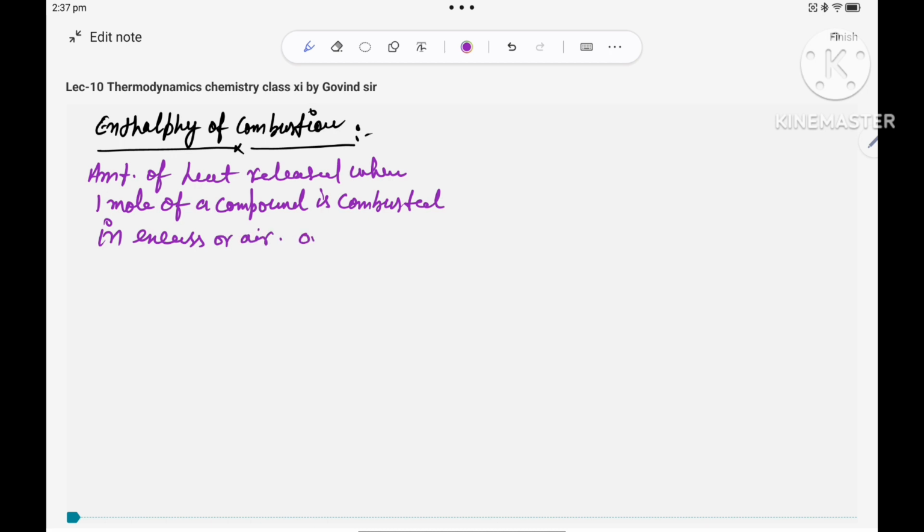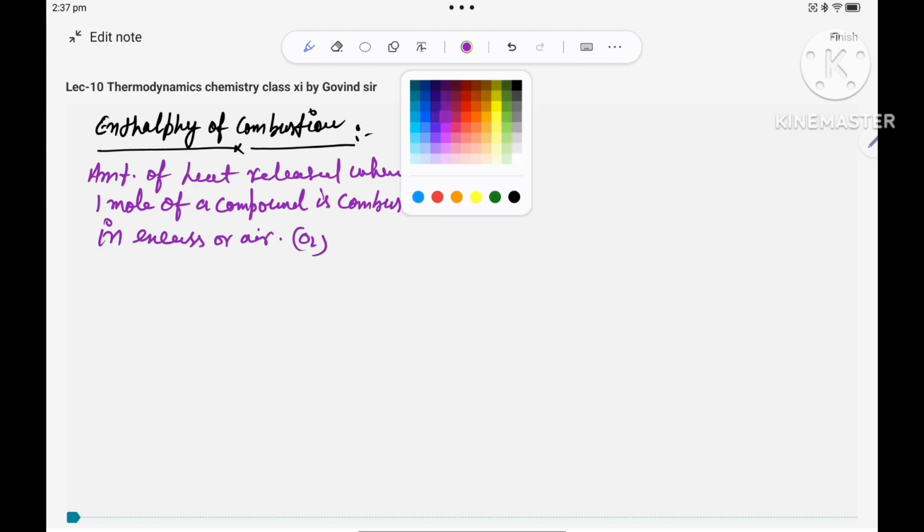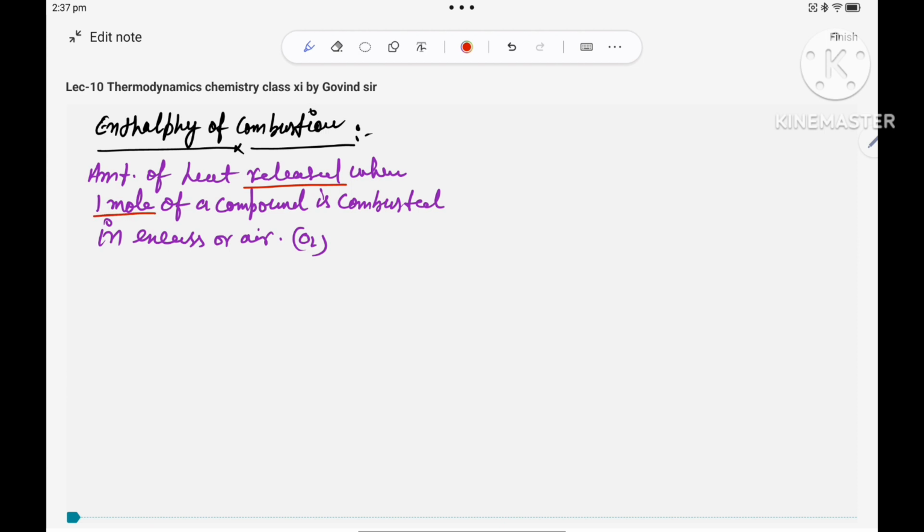Air means what? O2. So that is the definition. Amount of heat released when 1 mole of compound combusted in excess of air. That is the enthalpy of combustion.